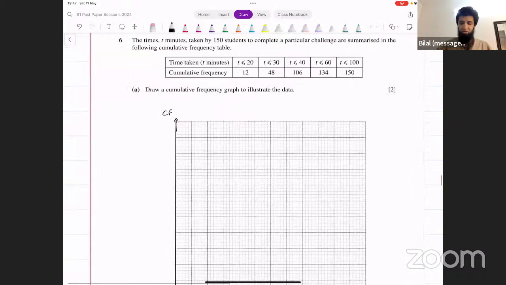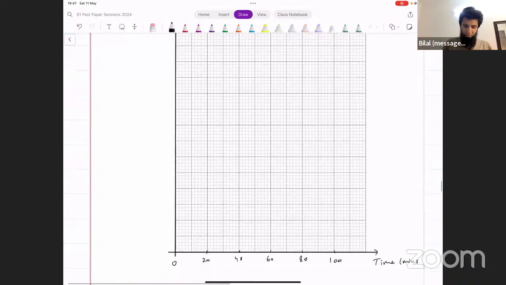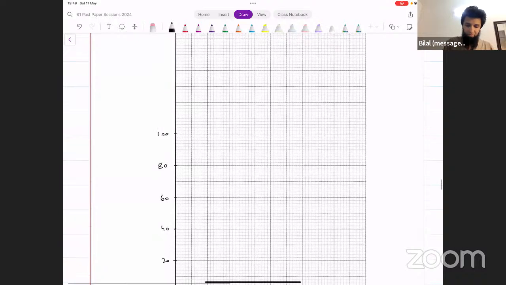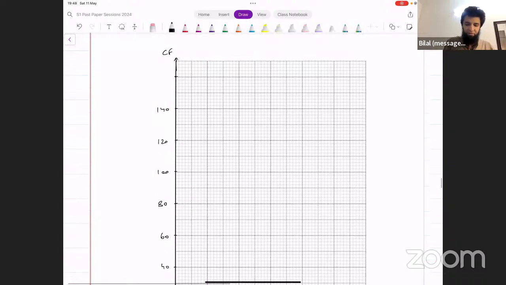On the vertical axis, you want to go up to 150. Yeah, so we can go all the way up to 150. Let me mark like this. 20, 40, 60, 80, 100, 120, 140, and then we have 150 somewhere as well.